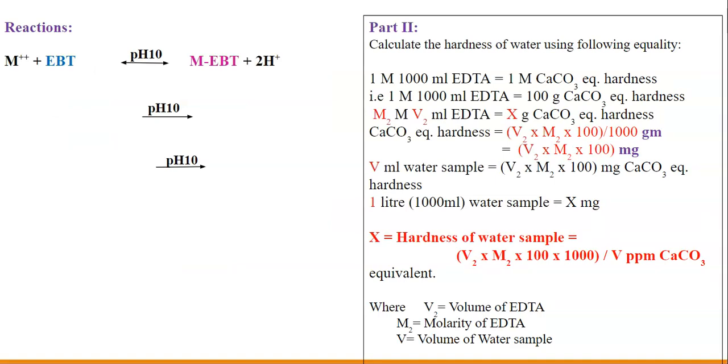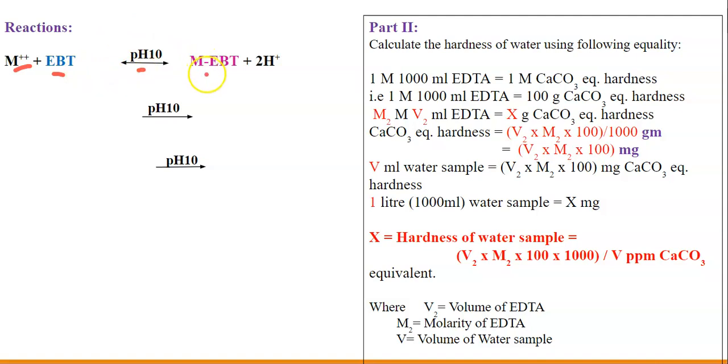So what are the reactions which are taking place? As I said, in a water sample, M indicates the metal ion, the hardness causing salt of metal ions present in water, whether it is magnesium or calcium. In that, we are going to add the EBT indicator, an organic indicator, which is actually blue in color. Plus, we add a pH 10 buffer solution.